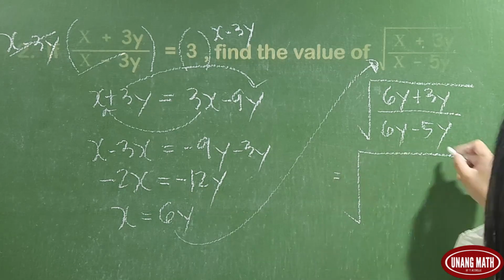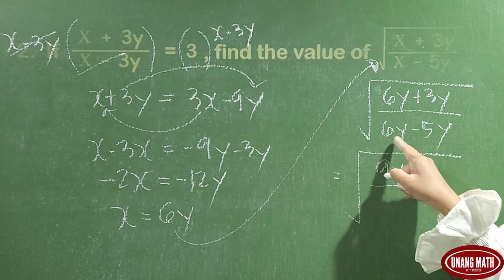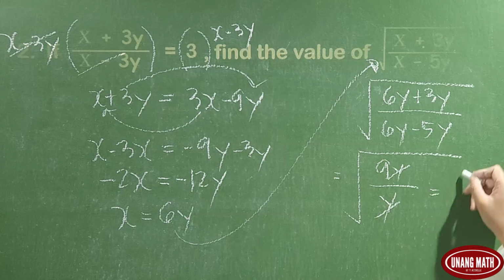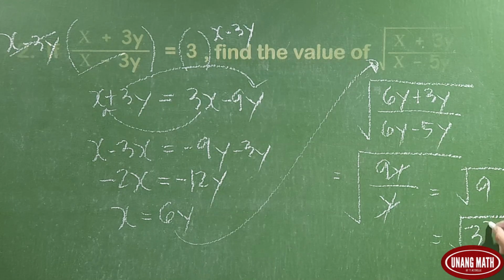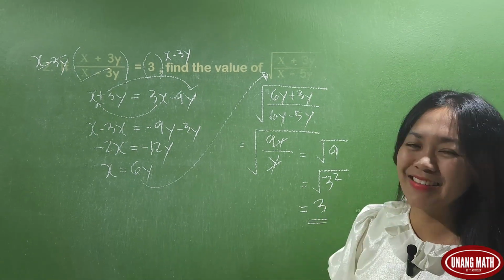So, we now have 6y plus 3y, that's 9y, over 6y minus 5y is y. Simplify, so this is now square root of 9. Or we can write this one as square root of 3 squared. Or if we simplify, the value is 3.